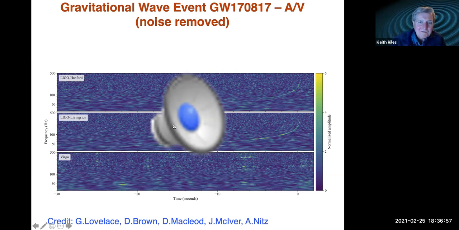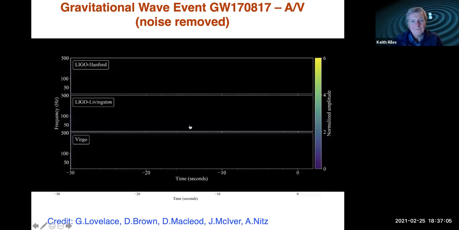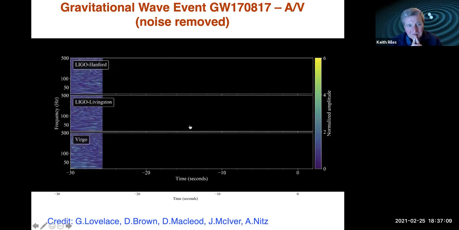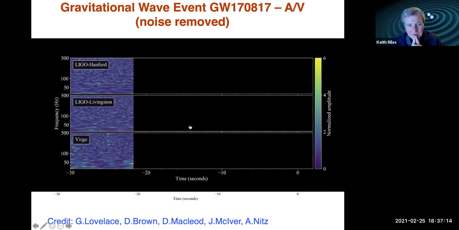Let me play for you the pure signal reconstructed from the data without the noise, and you get a sense of what the underlying signal sounds like, the chirpy behavior. And again, unless you have a woofer, you're probably not going to hear the signal, even when the noise is removed at this frequency.